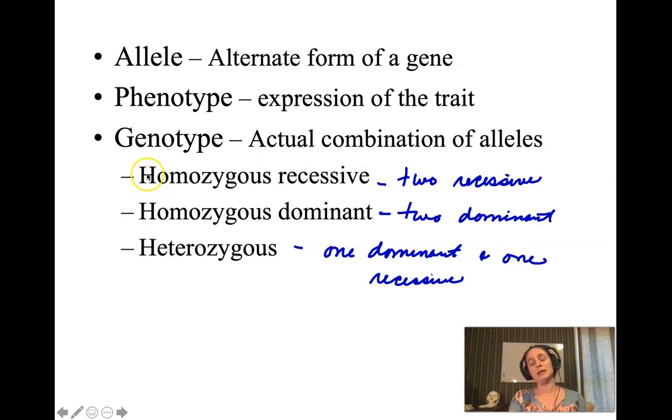Another person, let's say with blue eyes, could have 2 recessive alleles. If somebody has blue eyes, that by definition is a recessive trait. You need both of those copies to be the recessive form in order to express that condition. So somebody with blue eyes has 2 copies of the blue eye allele by definition.